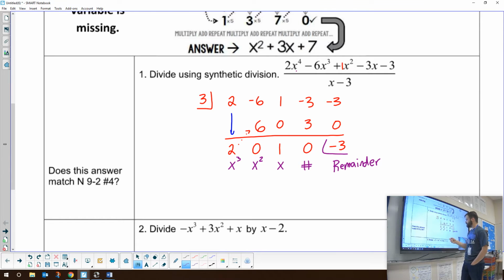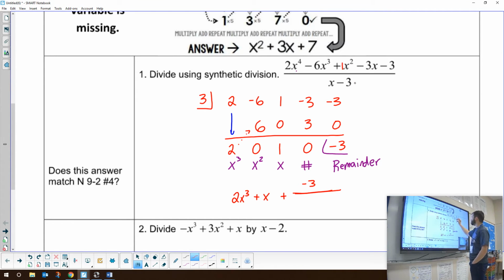So we can write out my new equation. My new equation is going to be 2x cubed. Then I have no x squareds. I have 1x. I have no whole numbers, but then I have a remainder of -3. So we're going to write plus -3 over, and then we put it over what I'm dividing by, right?